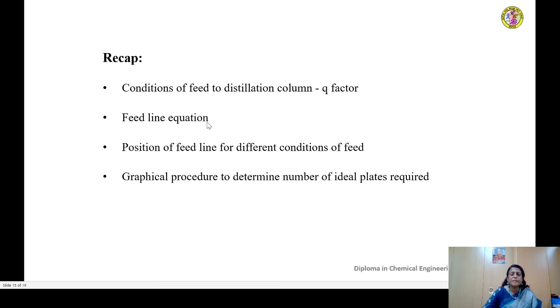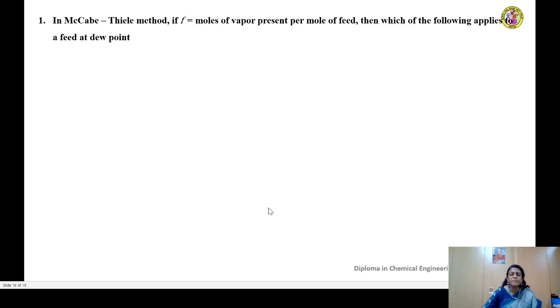We saw what a feed line equation is, how it can be derived, and how you can use it to construct the feed line on an equilibrium diagram. We also understood the different positions of the Q line or feed line for different conditions of feed. Then, at the end, we discussed the graphical procedure to determine the number of ideal plates required.